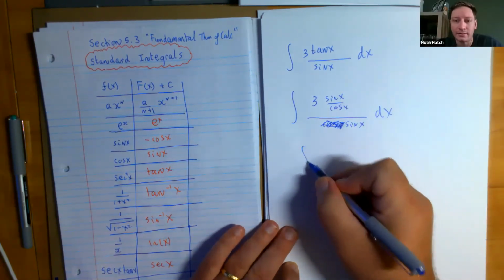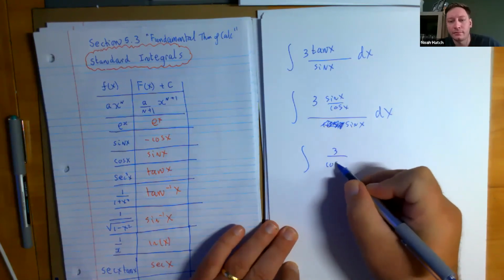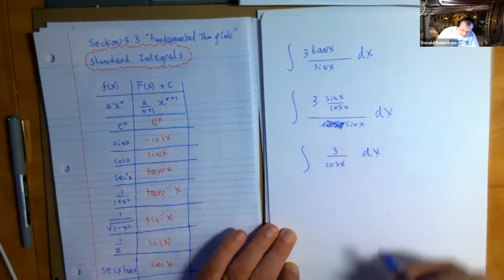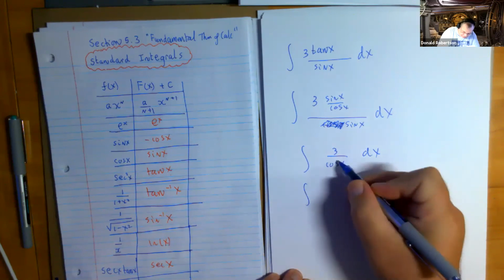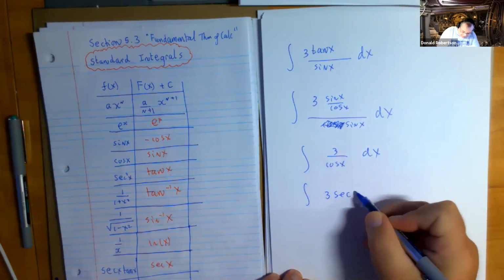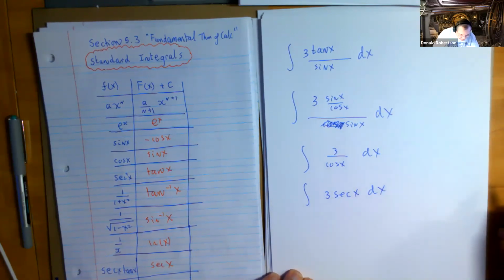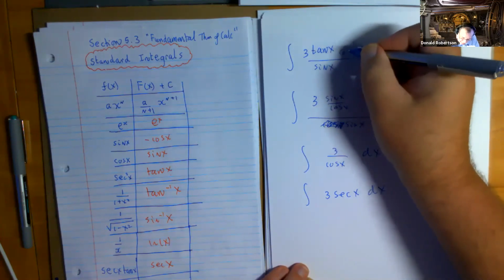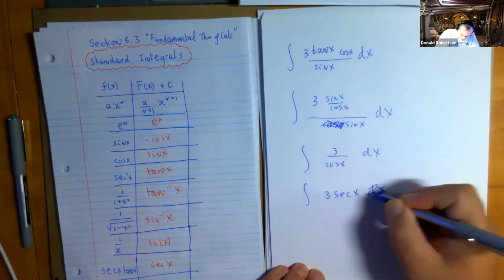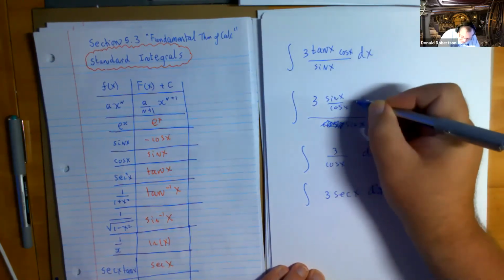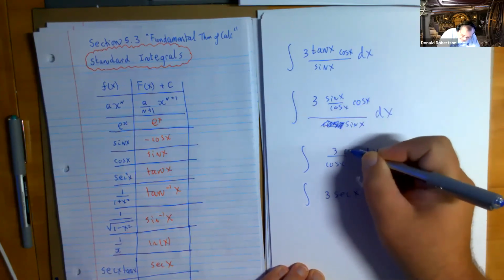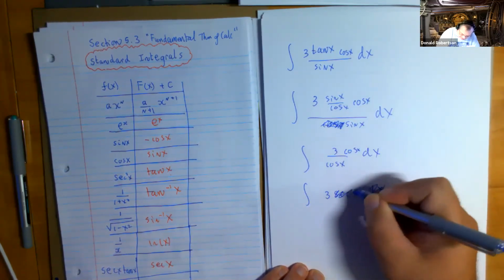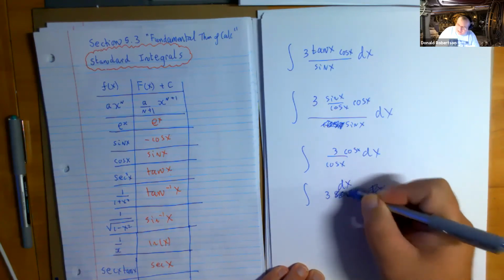Yeah, sines cancel. Right. And I just realized I gave you this guy to do. But this guy is 3 secant x. And I better make the question relevant. I had to change the question to make it work. So we end up with just 3, right?